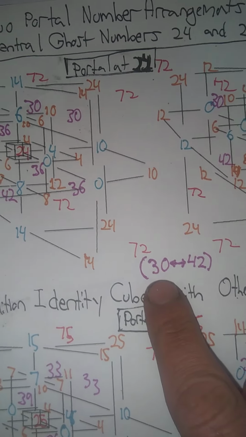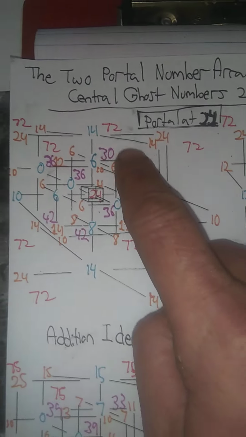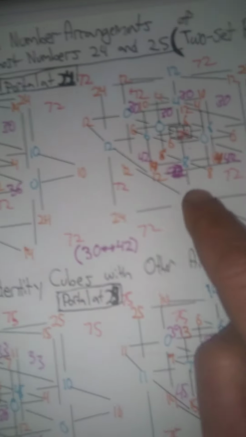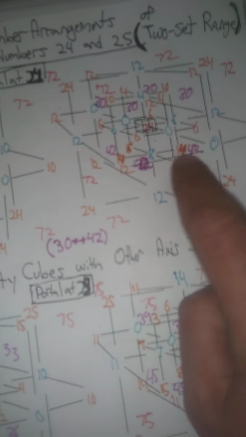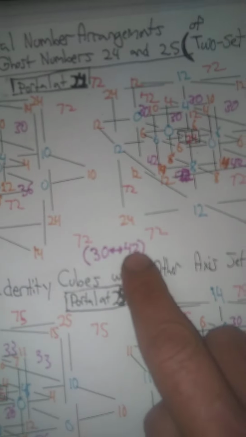They have an interval, in this case for 72, from 30 right here to 42 right here.